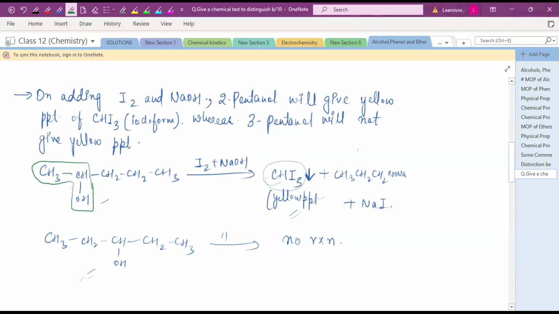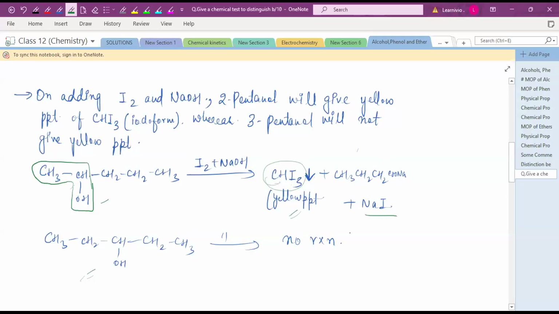The remaining CH3, CH2, CH2 will get oxidized to the corresponding sodium salt. Four carbons will form the sodium salt and one carbon will form the yellow precipitate, iodoform, plus sodium iodide. This is the product.